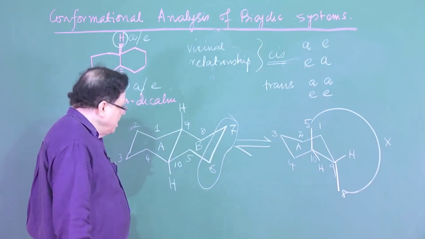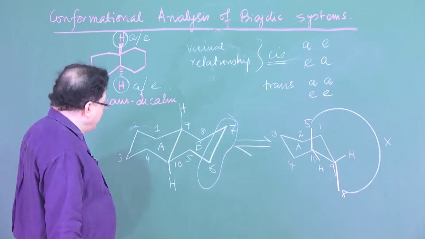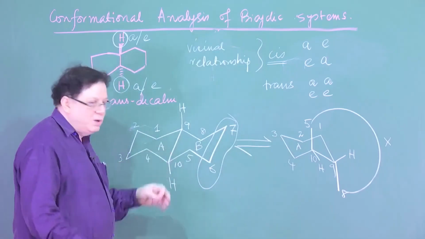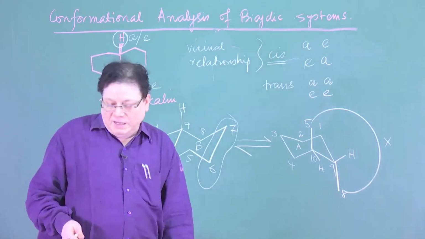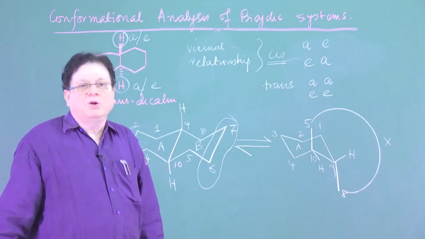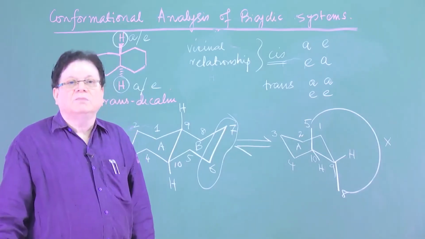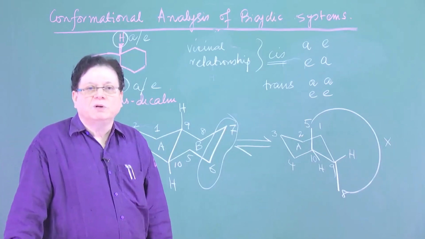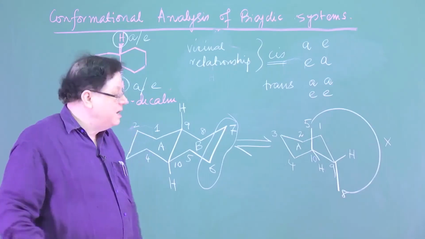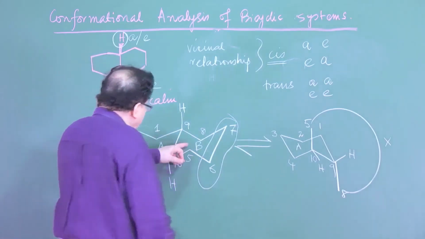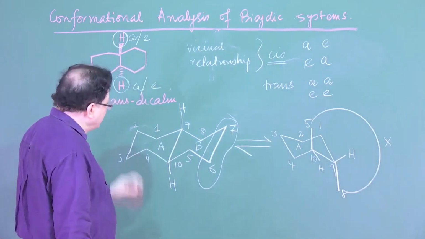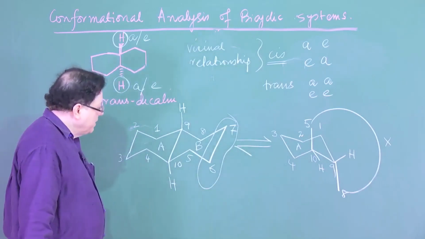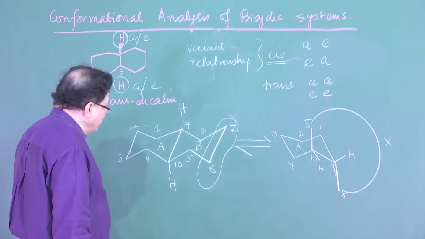Okay. Now, what about the extra gauche butane units when you combine the cyclohexane units? Now, you know each cyclohexane actually has 6 gauche butane interactions. Okay. Now, we will consider only whether anything extra comes up due to this fusion.